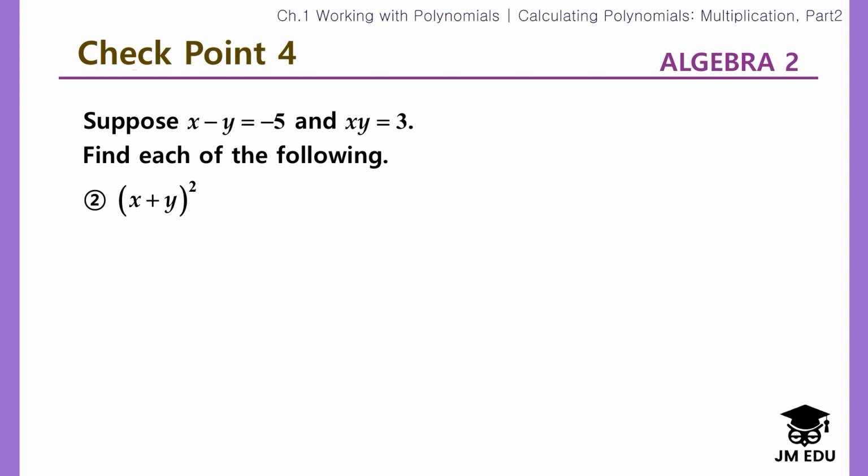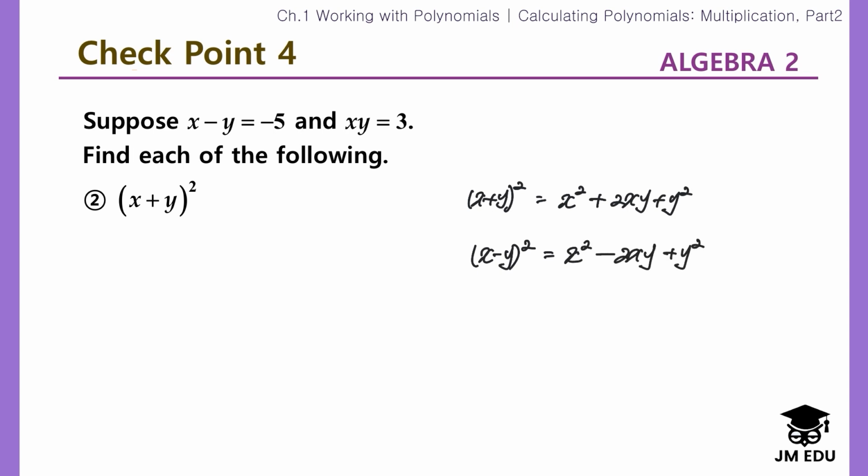Number 2, x plus y squared. Here, x plus y squared is x squared plus 2xy plus y squared. And x minus y squared is x squared minus 2xy plus y squared, right?